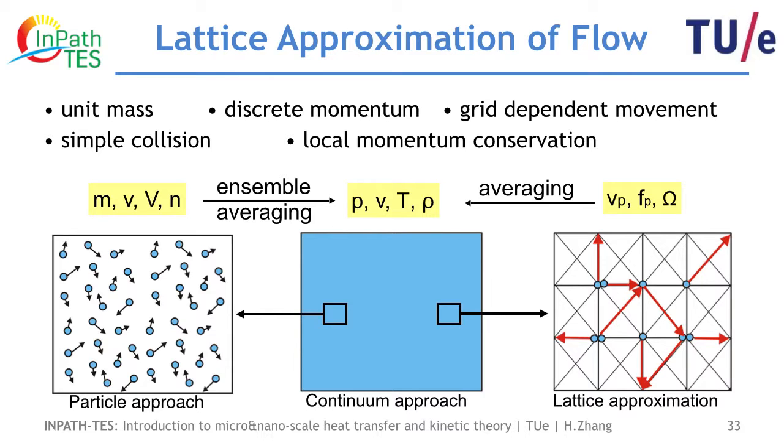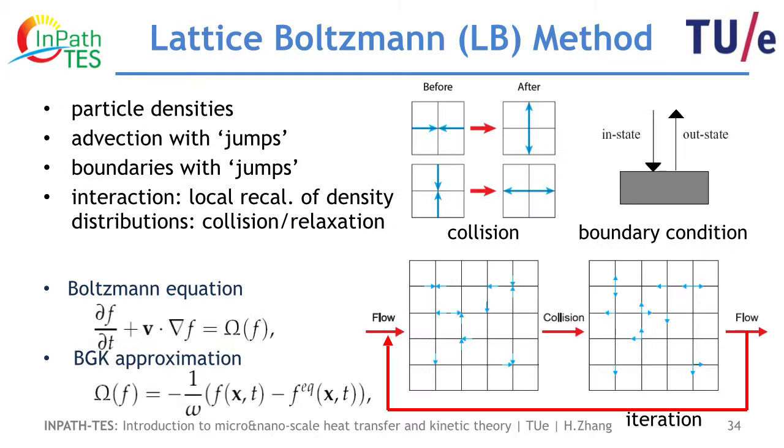However, in the lattice approximation, the movement of particles is restricted to the lattice points. In the lattice approximation, the particles have a unit mass and discrete momenta. The movement is grid dependent. Because of this, the flow problem is greatly simplified.